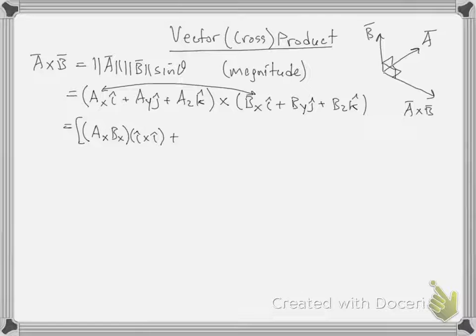Then let's do AX crossed with the second term of B. I don't like parentheses around the magnitudes. Now let's do AX times BY, keeping track of their unit vectors: I hat cross J hat.